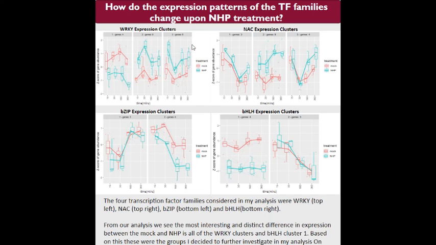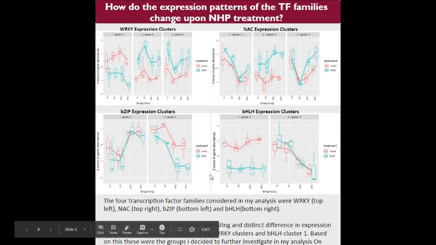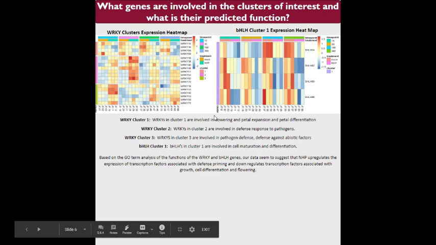WRKYs in cluster 3, which as you remember were upregulated, were also involved in pathogen defense as well as defense against abiotic factors. Our bHLH cluster 1 genes, which we remember were significantly downregulated, were involved in cell maturation and differentiation.